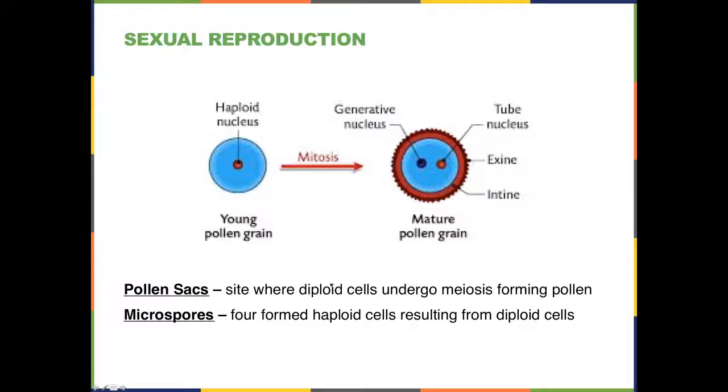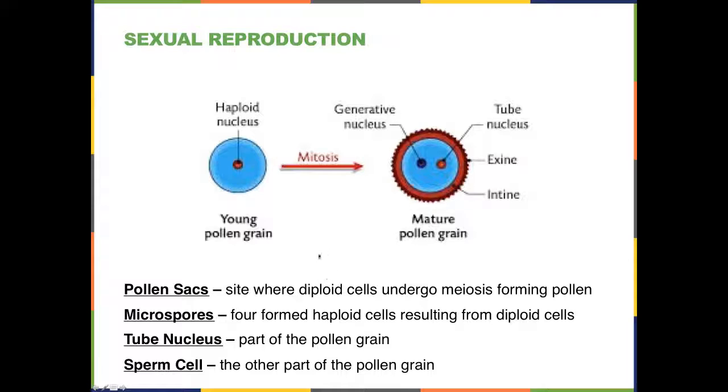And the microspores are then encased inside a thick coat that protects the microspore, and one of the nuclei of the haploid cells becomes generative and the other nuclei becomes what's known as the tube nucleus.